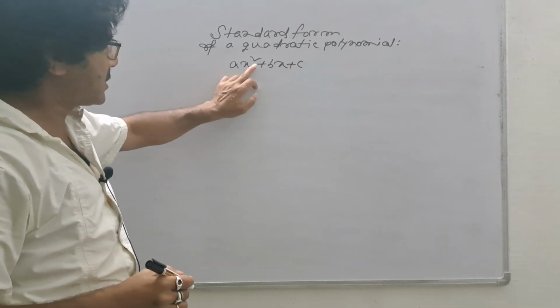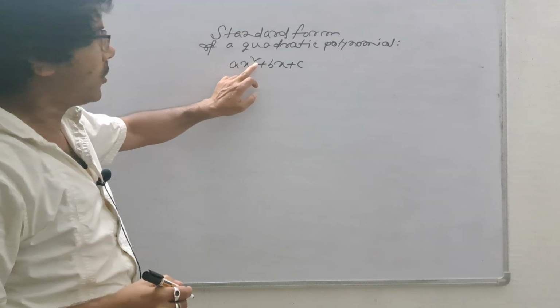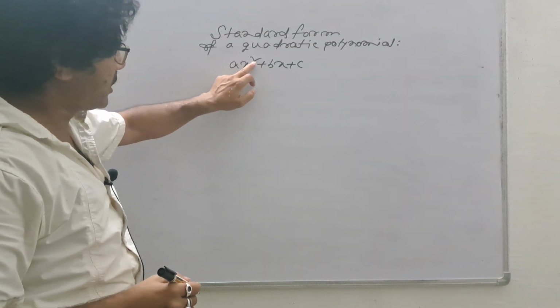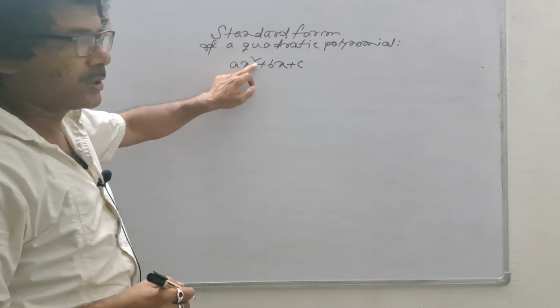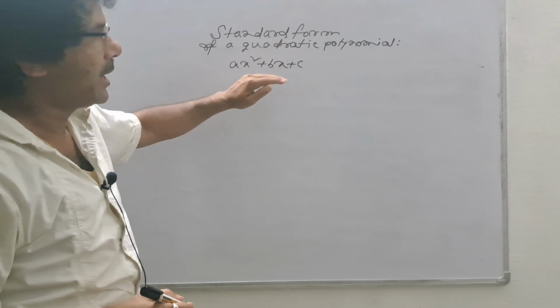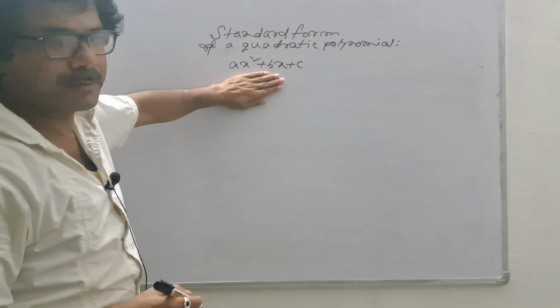You see, the exponent of the variable is 2. When the exponent or power of the variable is 2, then it is called a quadratic polynomial, and this is the standard form of a quadratic polynomial.